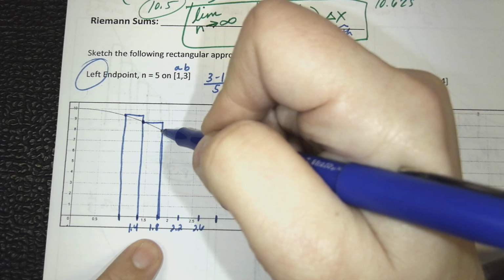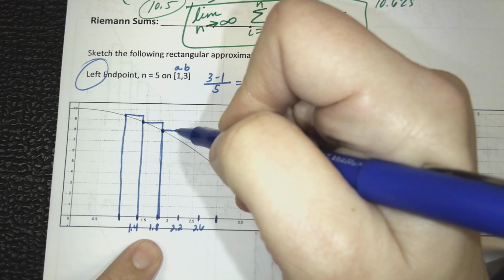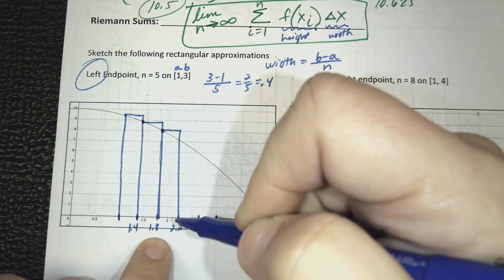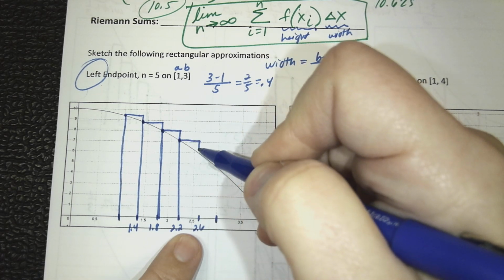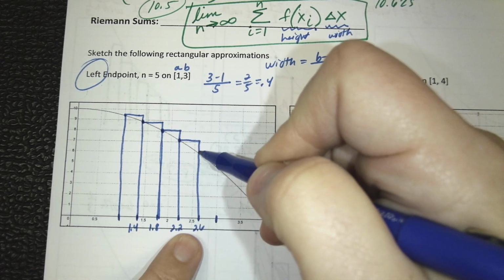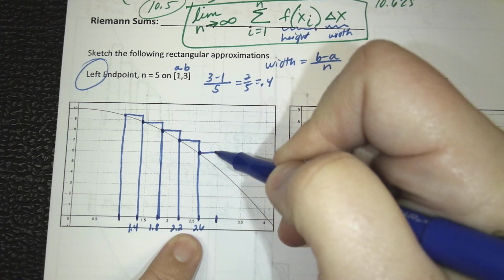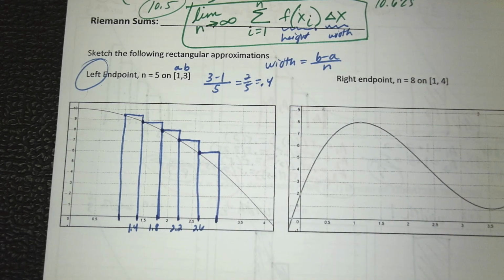Up to the graph, put a dot, over to the next width, down. Up to the graph, put a dot, over to the next width, down. It's okay. Up to the graph, over. This is an approximation of the area under the curve.